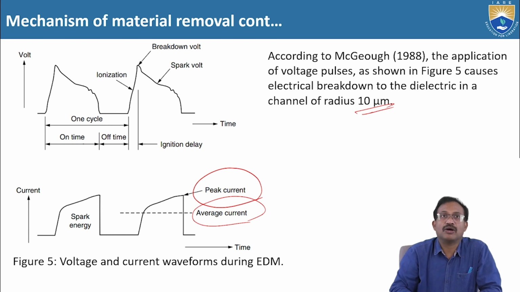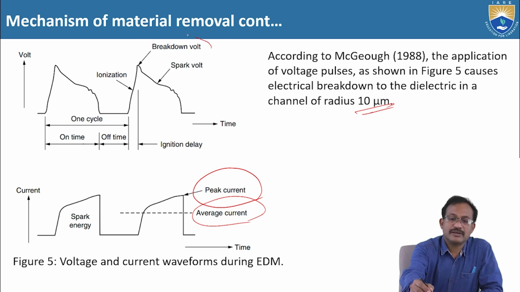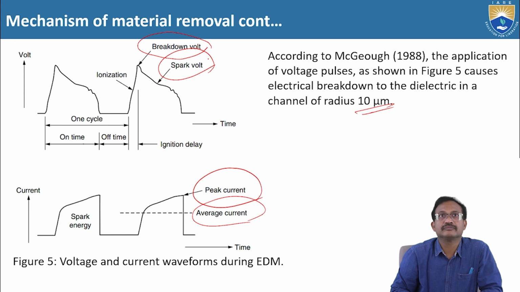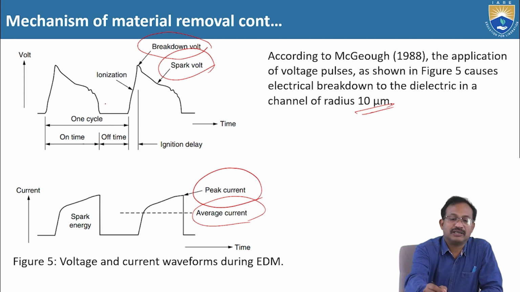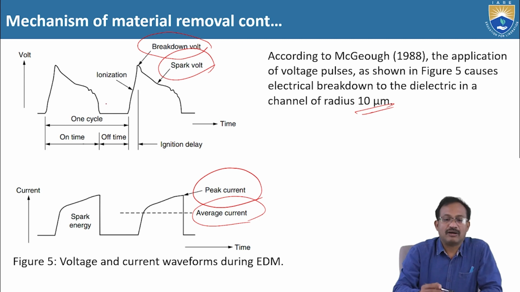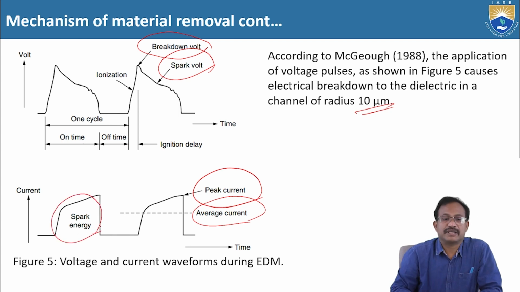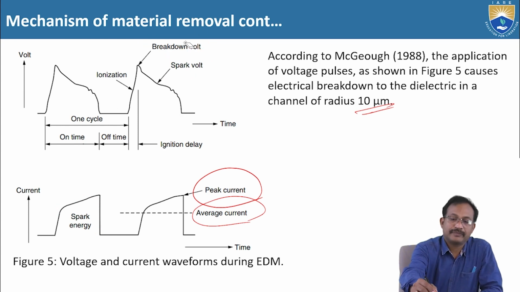This is the practical curve between current and time. Okay, right, so this is breakdown voltage. Okay, so this is spark voltage. Okay, so however the one cycle and on time, off time are as usual. Okay, here the spark energy with respect to current and time have been noticed here, right?